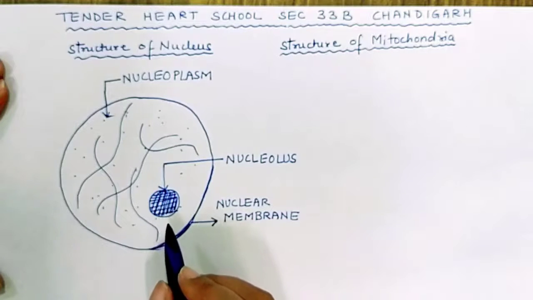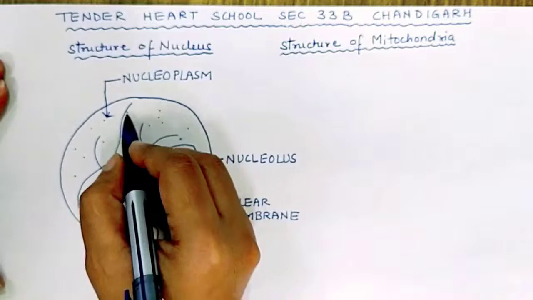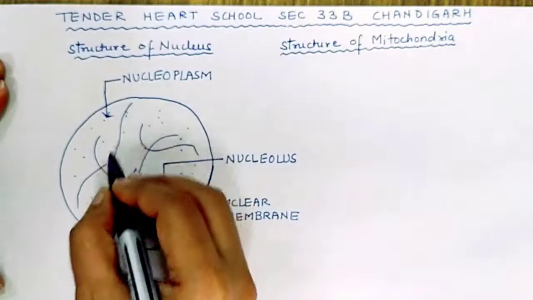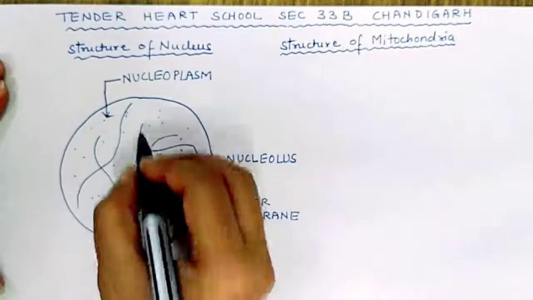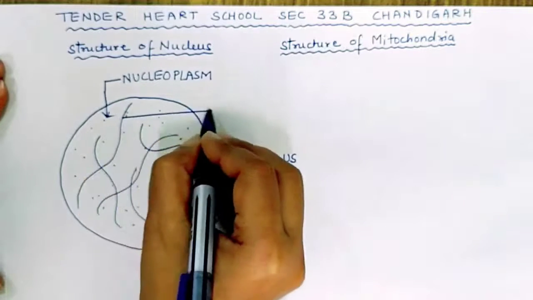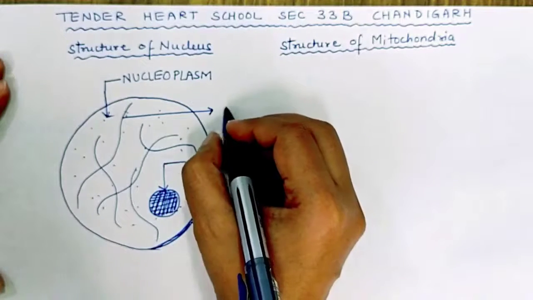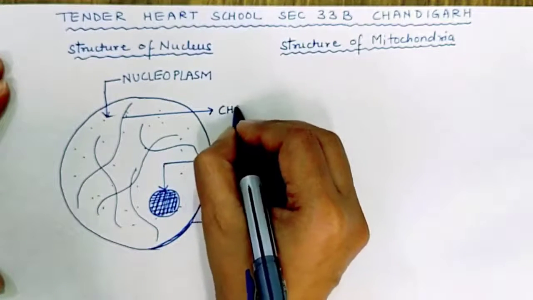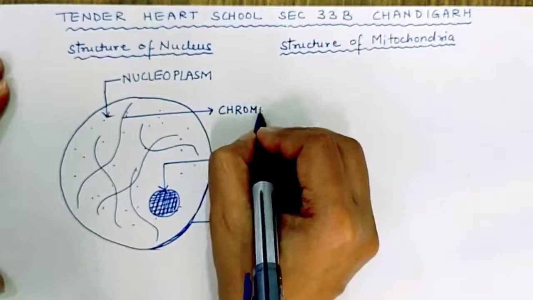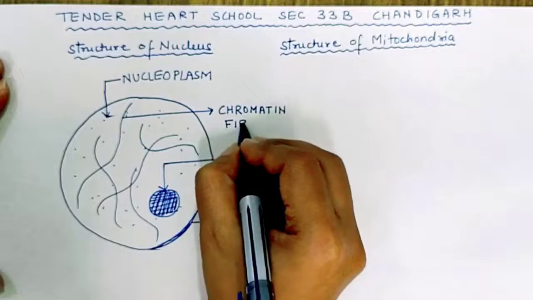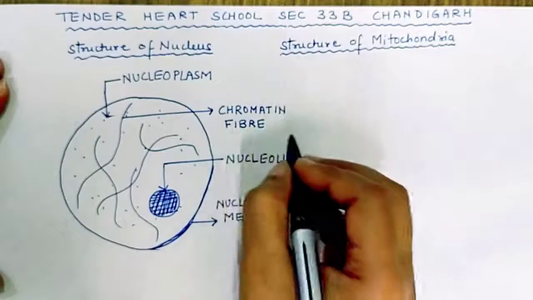Like in human beings we have 46 chromosomes inside the nucleus. So all these are the chromatin fibers which when condensed form the chromosomes.